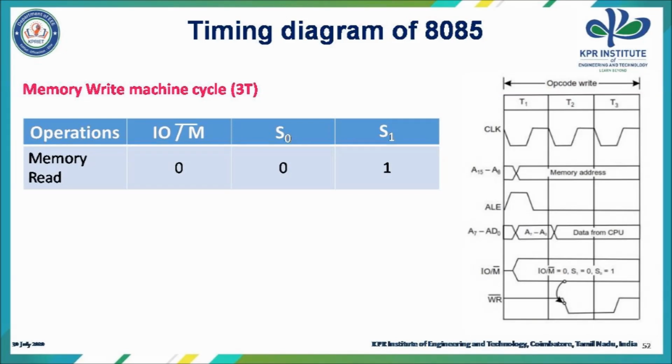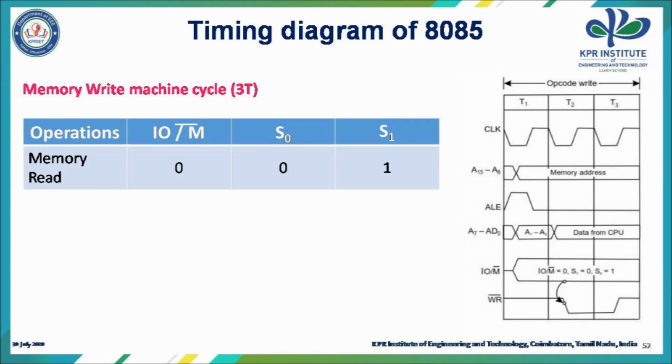The next one is the memory write machine cycle. So here we need a write operation. As usual, the ALE pin goes high to make AD0 to AD7 pins operate as address pins, and it becomes low during T2 and T3 to operate AD0 to AD7 pins as data pins.